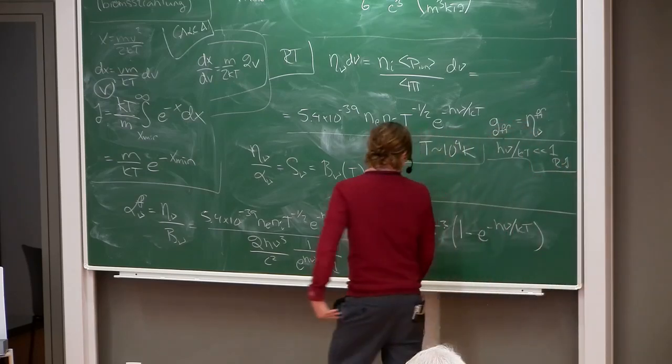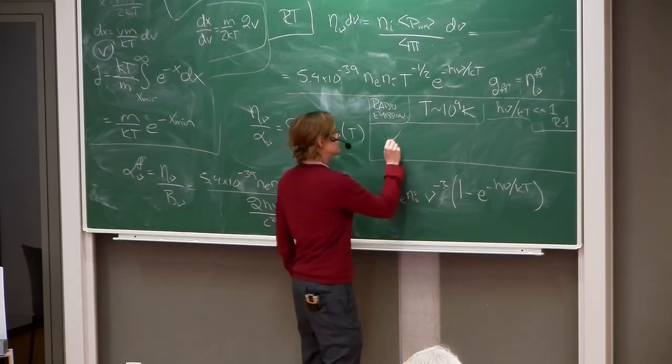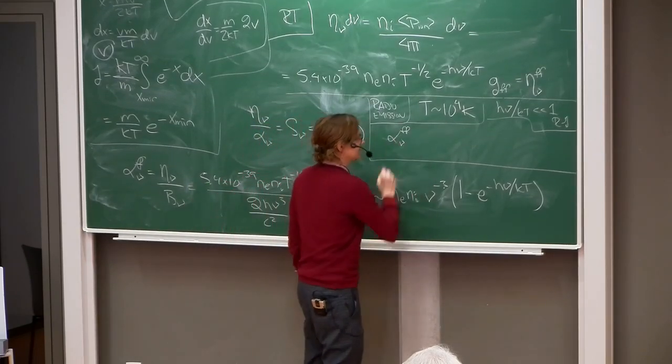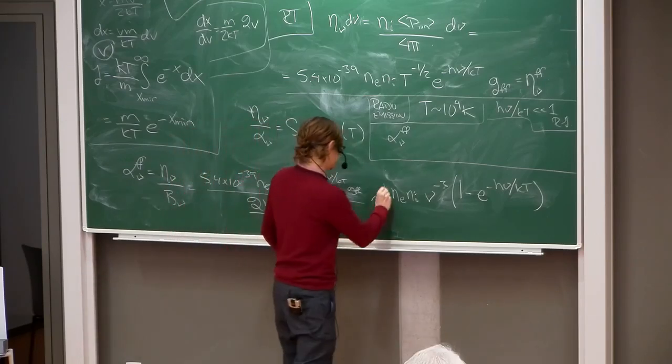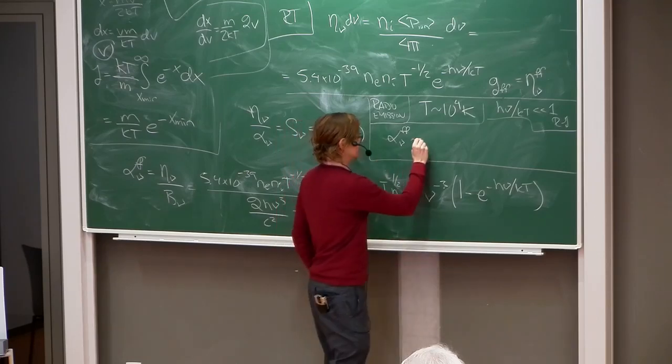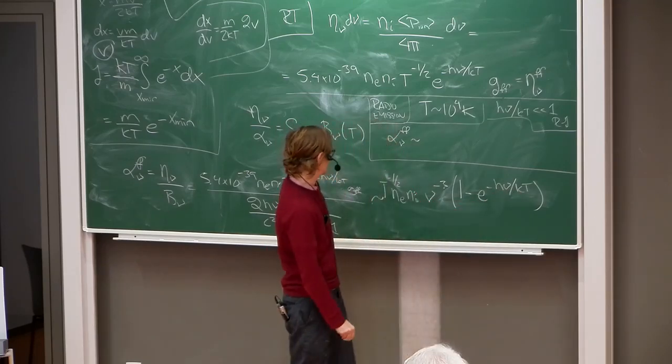Now, in the Rayleigh-Jeans tail, you see that alpha nu, free-free, changes behavior. I missed the temperature here somewhere. T to the minus 1/2. But then, of course, this is just 1 minus that. This is the Taylor expansion we know by heart now.